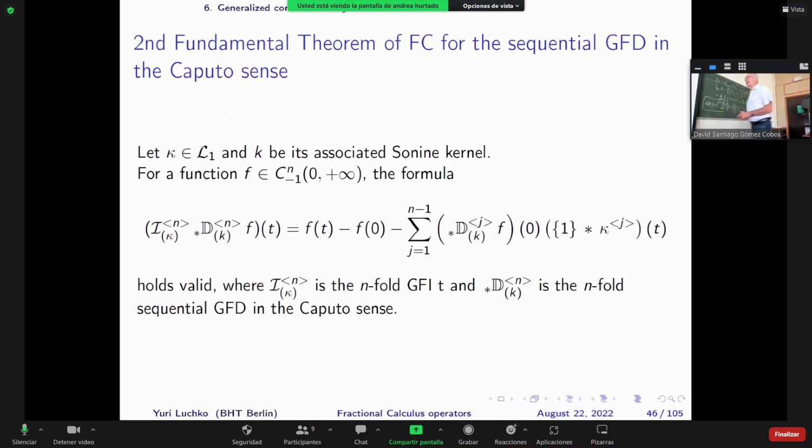This difference is very essential, in fact, because on the space C minus 1n, these convolutions are continuous functions. So in this case, this representation is a convolutional Taylor polynomial will be valid just for continuous functions, f of t, because this term is continuous.